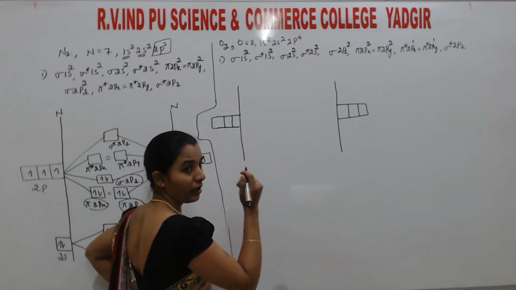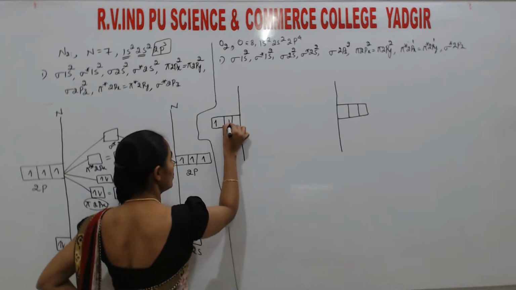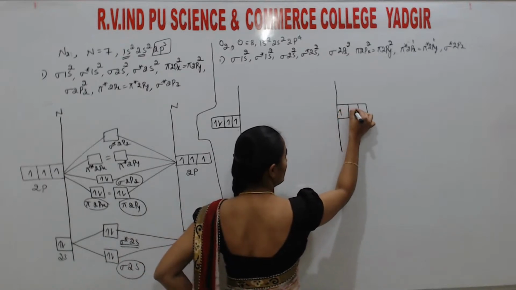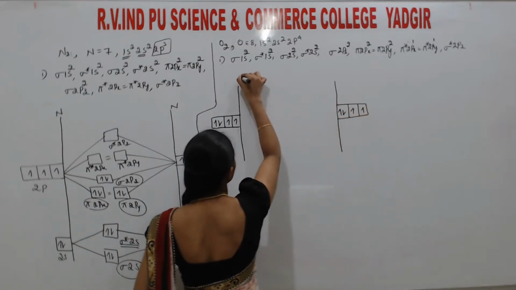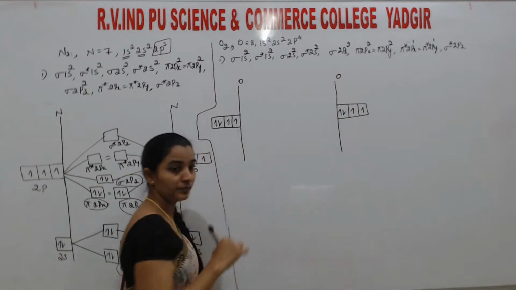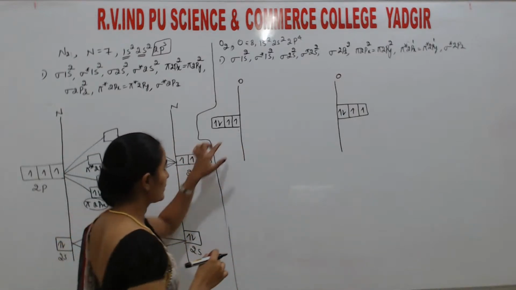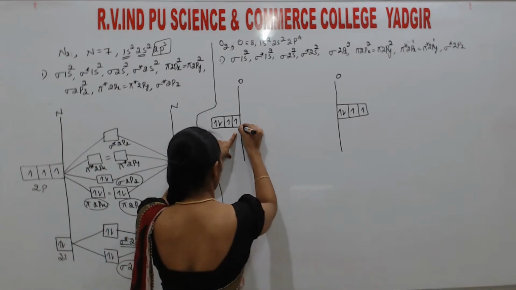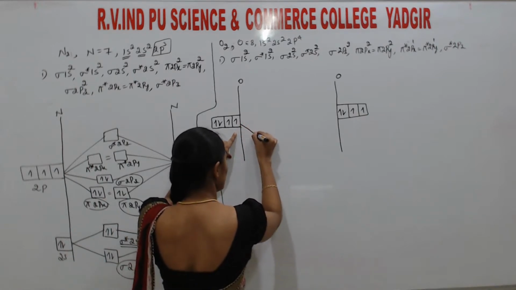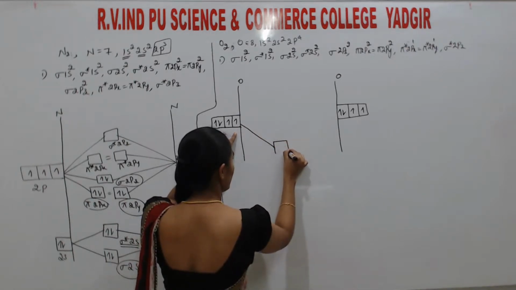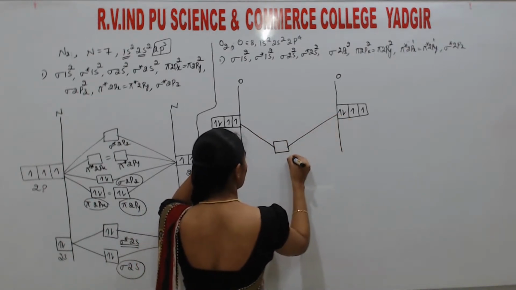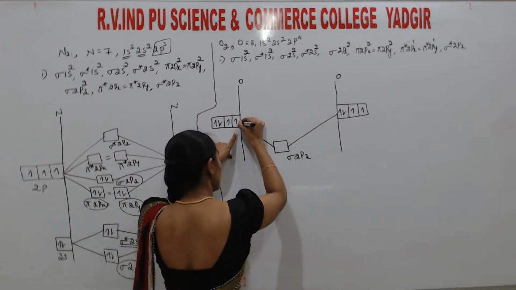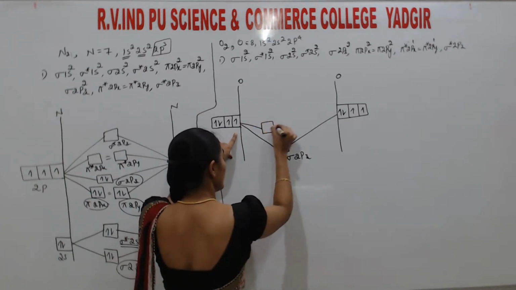In 2p orbital, how many electrons are there? 1, 2, 3, 4. Here also 1, 2, 3, 4 for each oxygen atom. Okay, next. Here how many orbitals will come? Of course 6. The first one is sigma 2pz. Correct? Later pi orbitals.